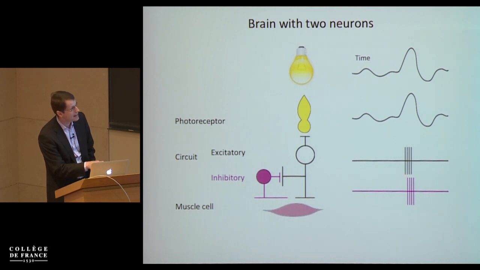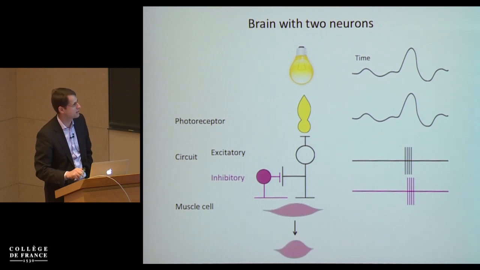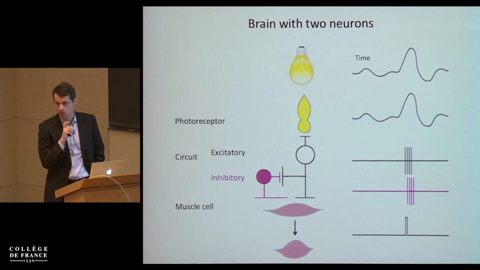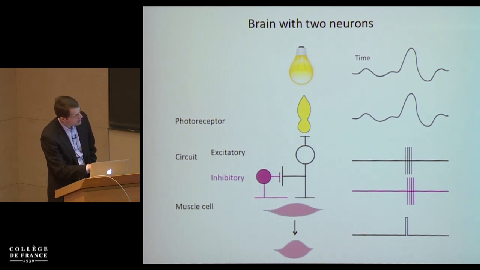So one spike comes a little later than the other, and it has very serious consequences for the muscle. The muscle contracts again, but in a completely different time course. So again, there is no activity here. The first spike of the excitatory neuron evokes a contraction, but the next spike comes at the same time as the inhibitory spike, and this is canceled out, and you get a transient activation.